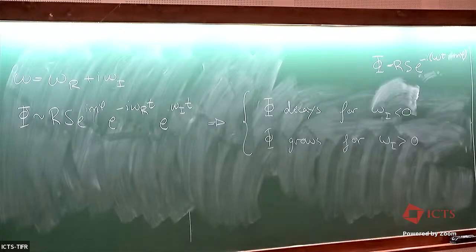So we can no longer import our hydrogen atom solution because, in the case of the hydrogen atom, the frequency wasn't complex. The energy must be real. But now we want to drop that assumption, and we're interested in those solutions that have a complex frequency.